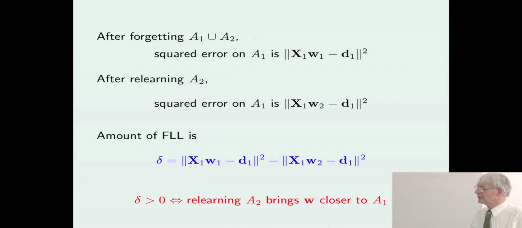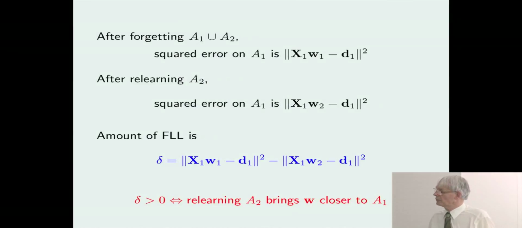So the amount of free lunch learning is this difference of squared lengths: the squared distance after forgetting minus the squared distance after relearning. And we would like this to be positive. This delta is positive if and only if relearning A2 brings W closer to A1.